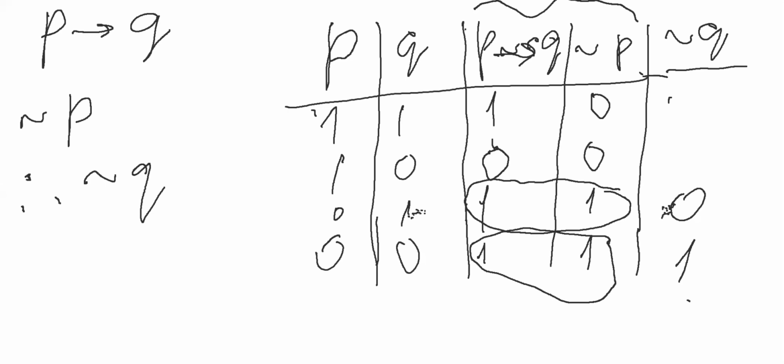Okay. Now next. Let's number it A. P implies Q, P. We should prove again that this argument is invalid.